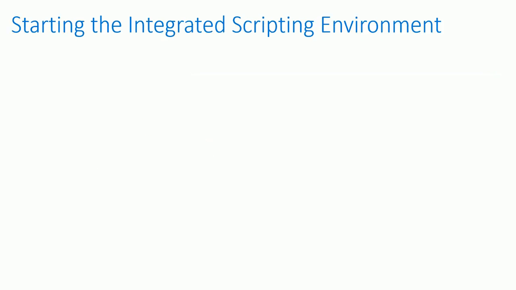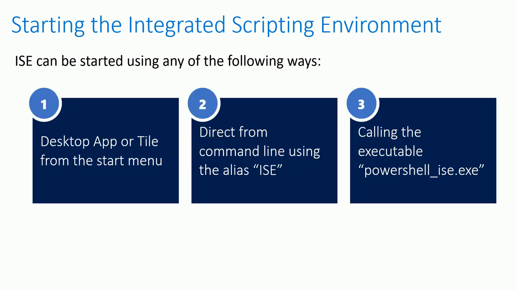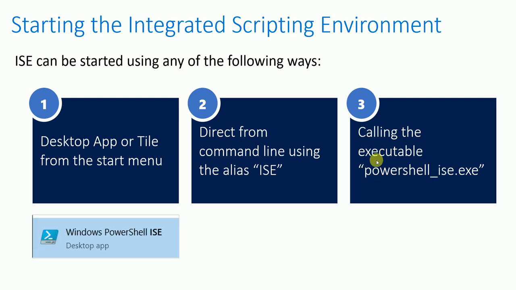Now, starting the Integrated Scripting Environment. ISE can be started in the following ways. You can use the desktop app or tile from the Start menu, and directly from the command line using the alias and calling the executable. How can you run it? You just click on the Start button, and type Windows PowerShell ISE.